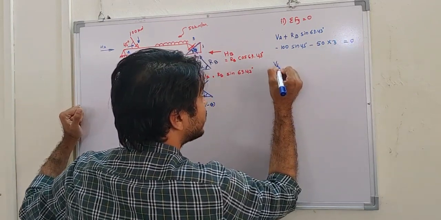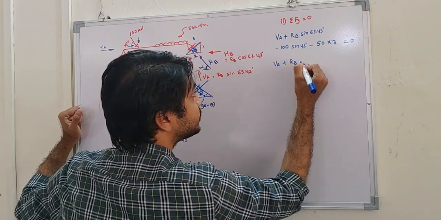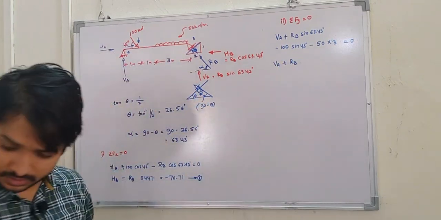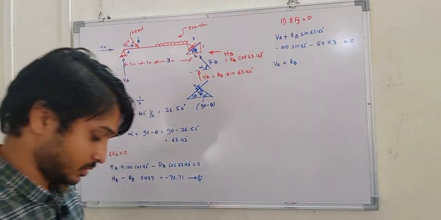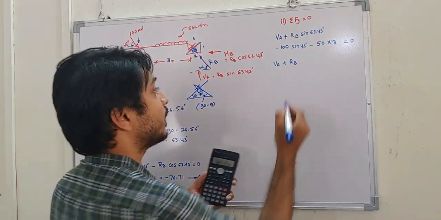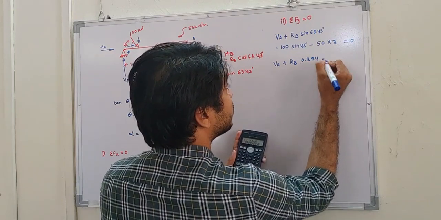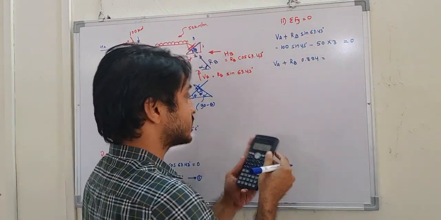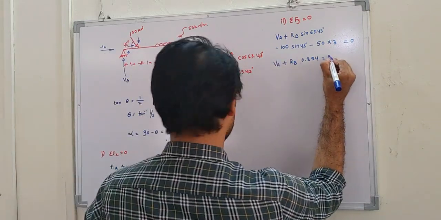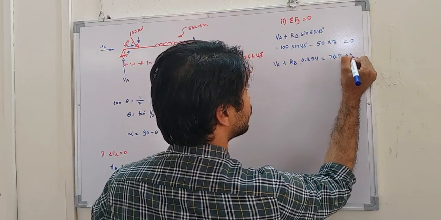So if I solve it, what do I get? VA plus RB sine 63, how much do we get? I'll check it. Sine 63.43 is 0.894. If I send this to the other side, 100 sine 45, this is also 70.71, plus 150.